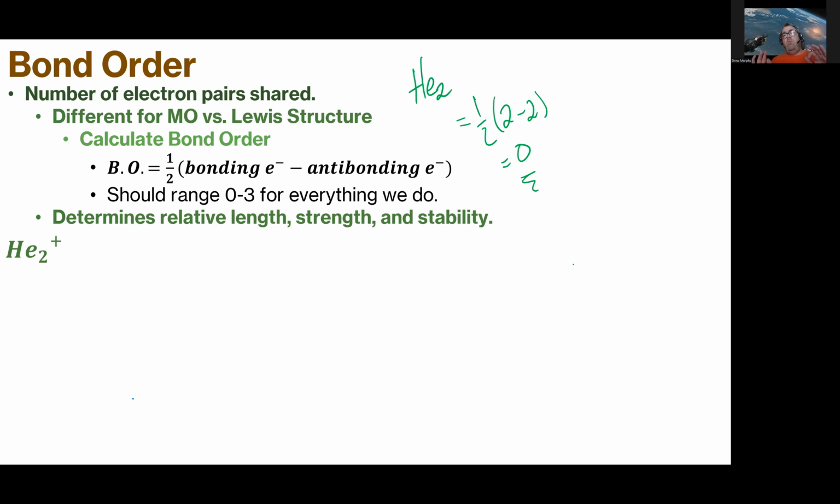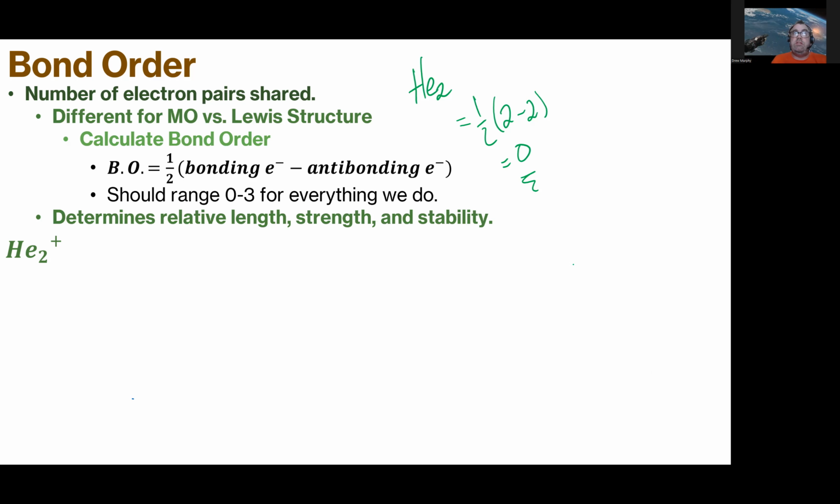Okay. When we're counting things this way, remember this is different than how we did it with a Lewis structure. With a Lewis structure, you can just count the lines in the Lewis structure and you're good. With molecular orbital theory, you have to have the orbital diagram and you have to count antibonding and bonding electrons and figure it out. But everything we do should have a number between 0 and 3. So if you get something that's not between 0 and 3, something is wrong. Either the calculation is wrong or the picture is wrong, and that's kind of a clue.